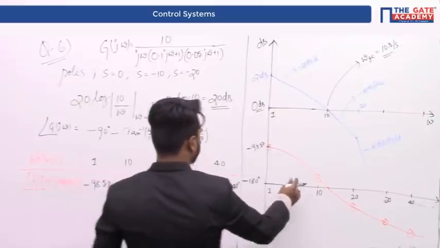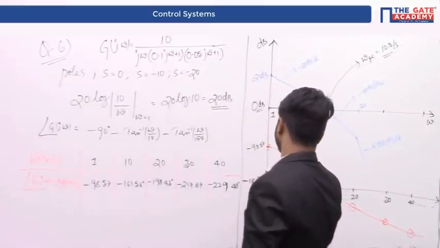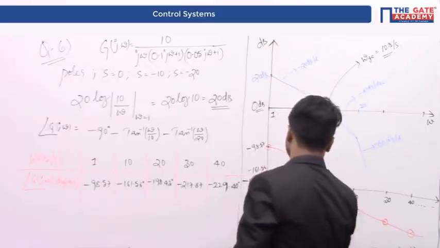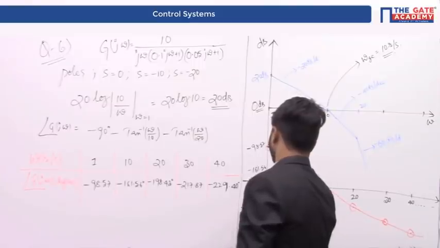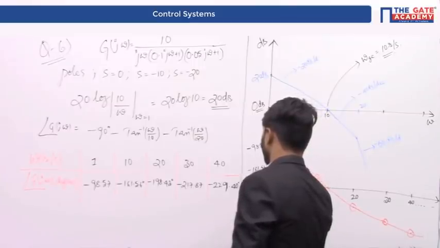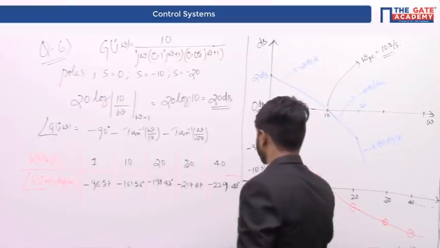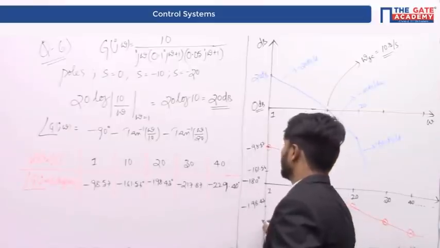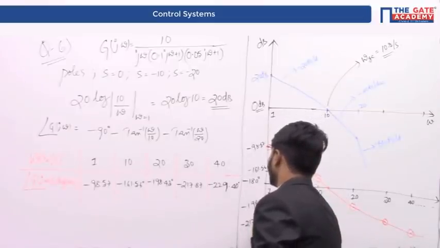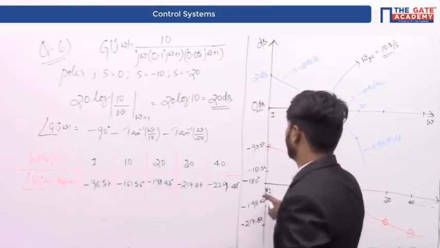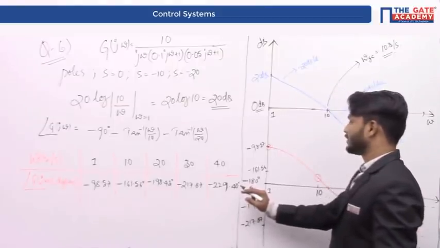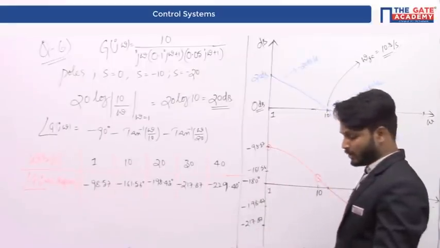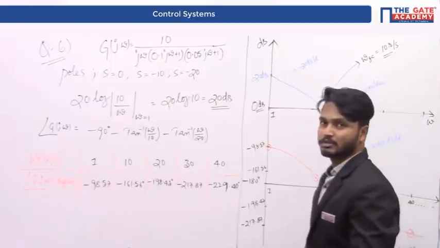Before this, it is just minus 161.56, and here it is minus 198.43, and here it is minus 217.87, and so on. But it is crossing the 180 degrees line at some particular frequency, and we need to find this frequency in order to find out the gain margin of the system.